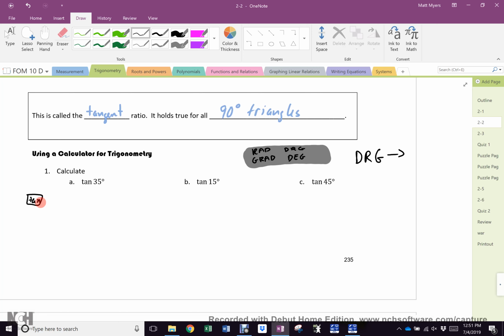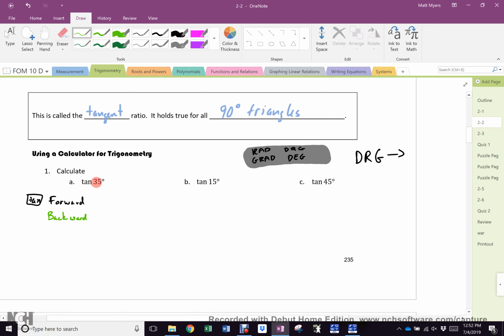If it writes the word tan, there's a proper name for it, but you have what I call a forward calculator. And that means you can do everything as it is written. If your calculator doesn't write the word tan on the screen, you have a backward calculator. And that means you must reverse this order.